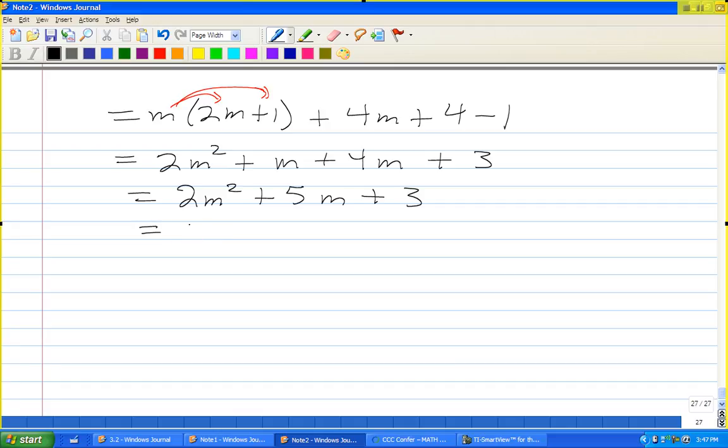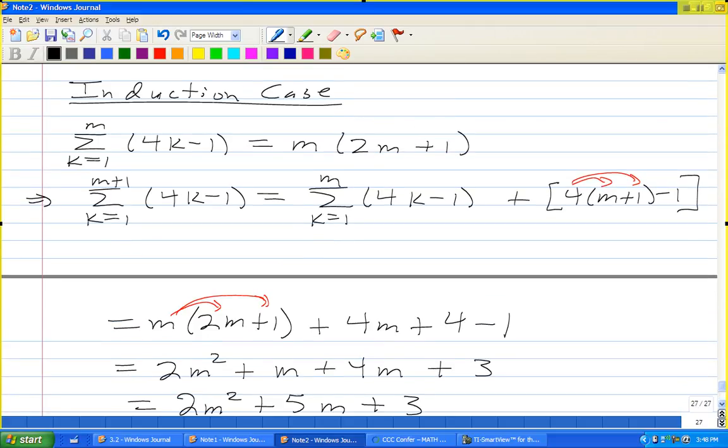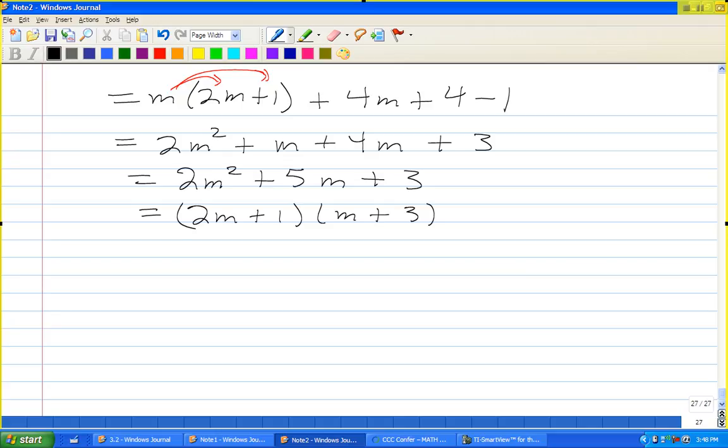Let's do the other way around. Let's do 2m plus 1, m plus 3. Let's see, how do I want to write my answer? I want to write the other way around because I want the 2 on the other side. So let's write this as m plus 3, 2m plus 1.